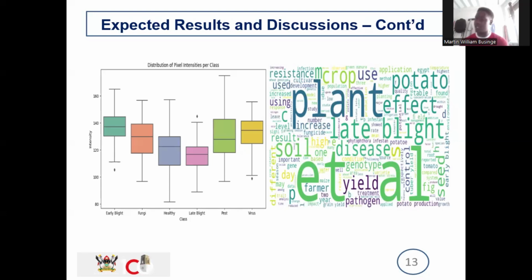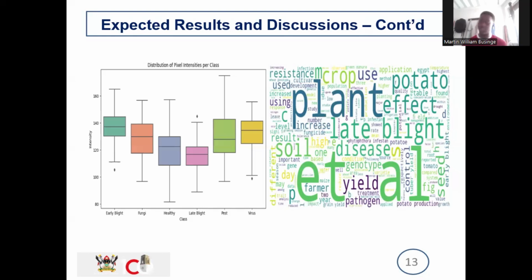And then when you look at the word cloud, it's basically a visual summary of the most common terms in the document, which we are using for the RAG component. So the larger the word, the more frequently it appears. We generated it from the 31 PDFs that we collected from our different sources, as mentioned earlier. As you can see, large words like plant, late blight, soil, affect, yields, disease, these are the core themes in our literature.